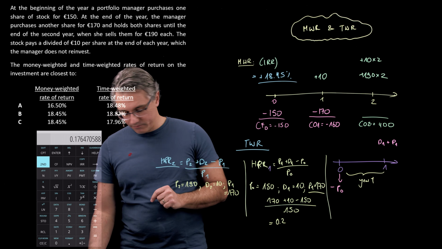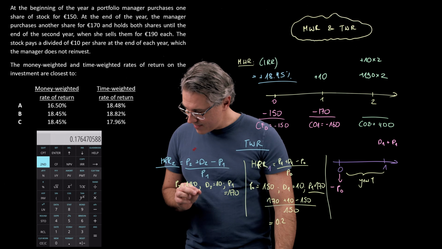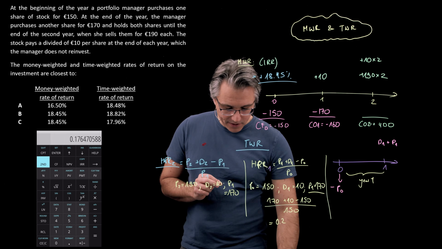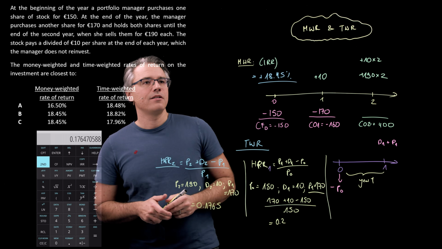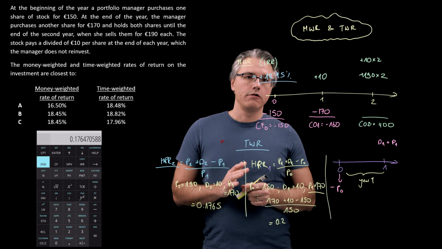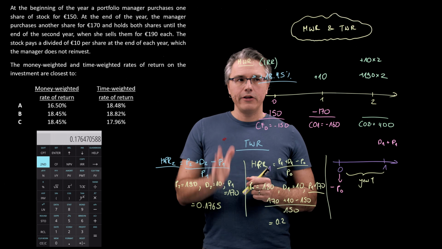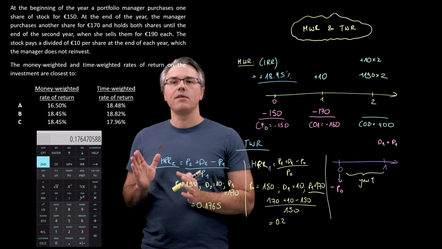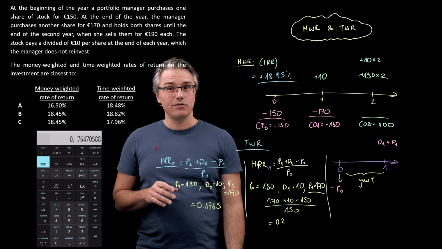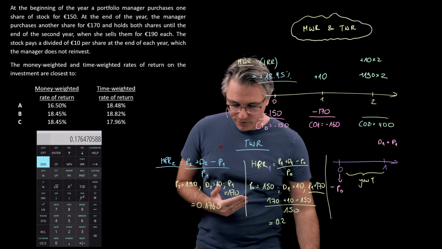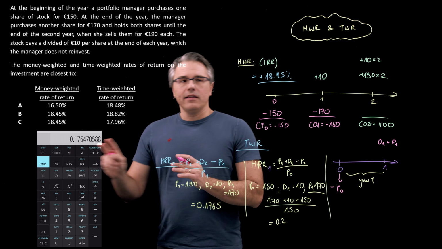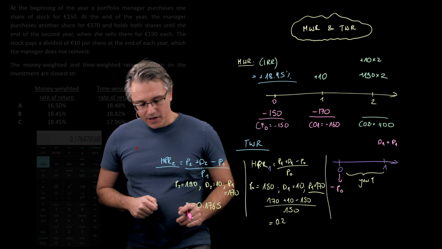This is a result of 17.65%, or 0.1765. Okay, so these are just the holding period returns. In order now to turn this into a time-weighted return, we've got to do a bit of an additional computation, right? Let me write this down over here.